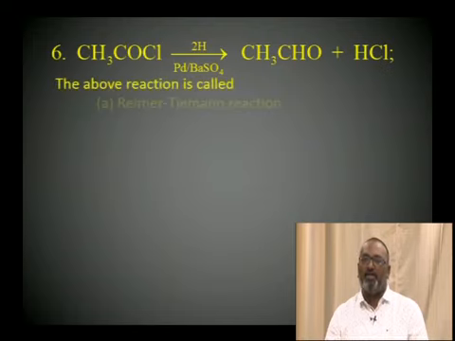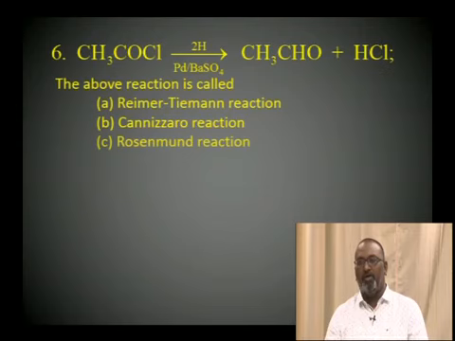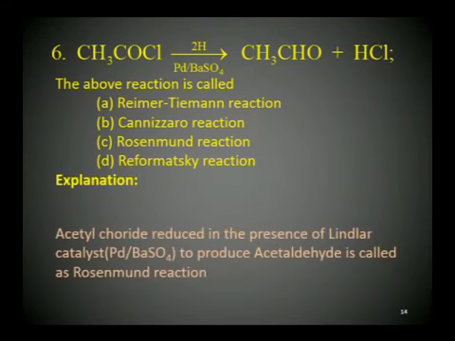The above reaction is called as Reimer-Tiemann reaction, Kolbe reaction, Rosenmund's reduction, or Riffer-Mursky reaction. When acetyl chloride is reduced in the presence of Lindlar catalyst to produce acetaldehyde, this reaction is called as Rosenmund's reduction. So, the answer is C.